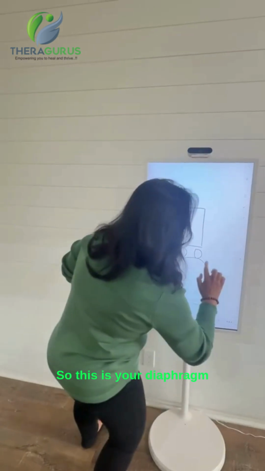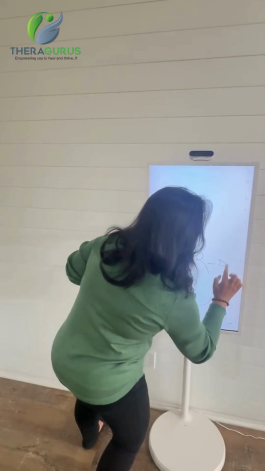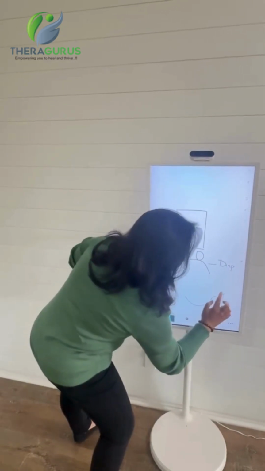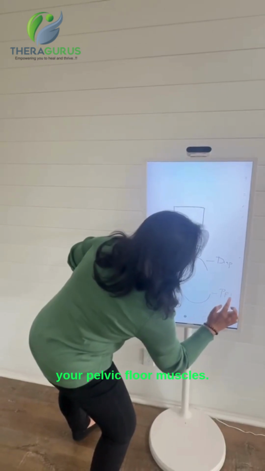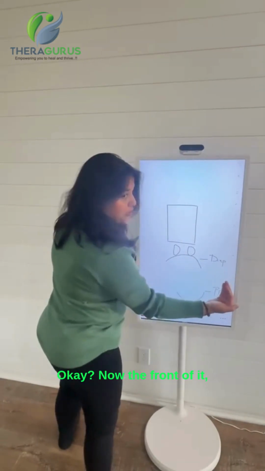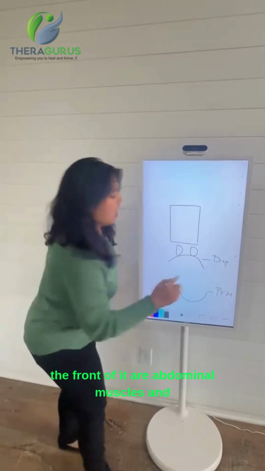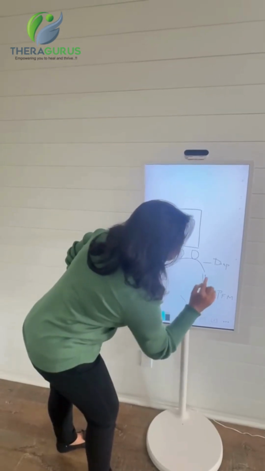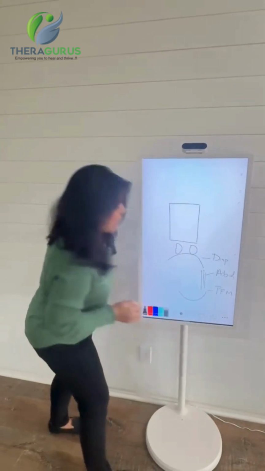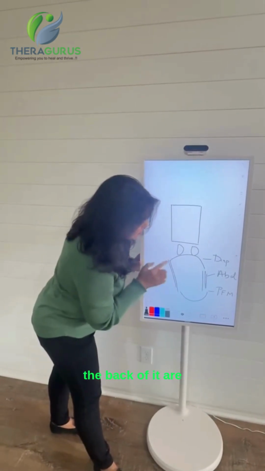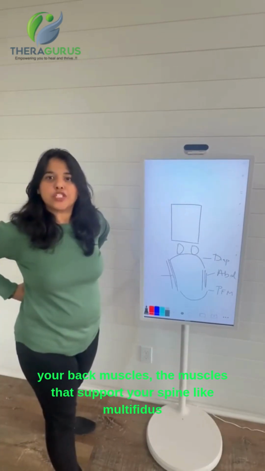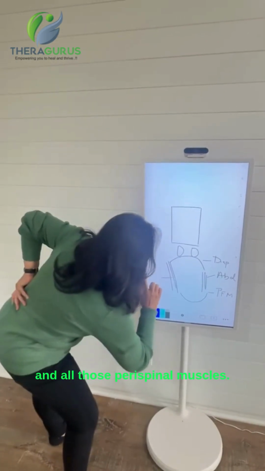So this is your diaphragm, and this is your pelvic floor muscles. Now the front of it are abdominal muscles, and the back of it are your back muscles, the muscles that support your spine, like multifidus and all those paraspinal muscles.